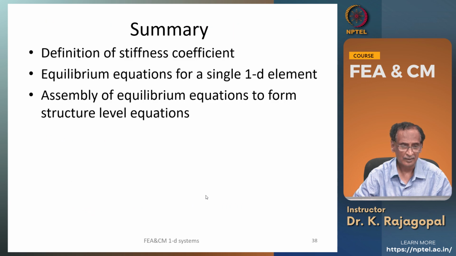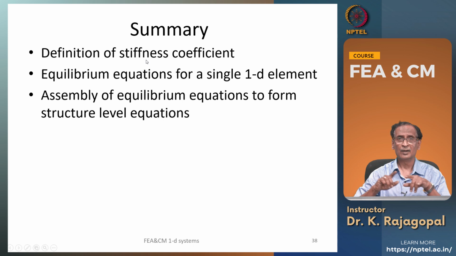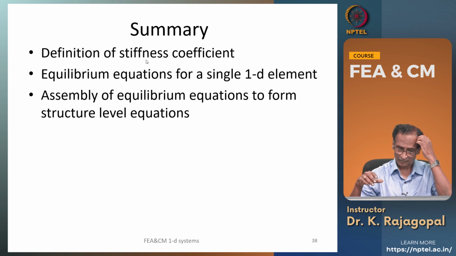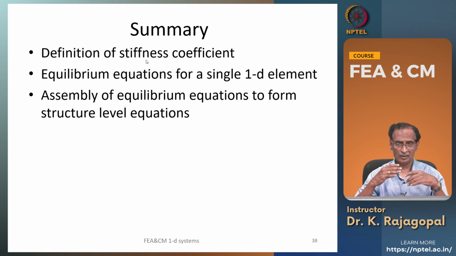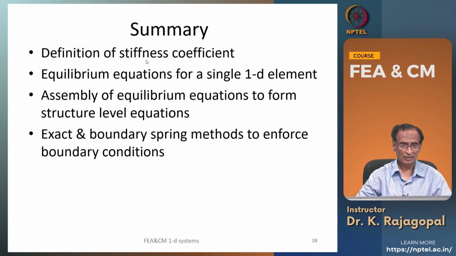Okay. Just to summarize, in this lecture we have defined the stiffness coefficient for a one-dimensional element. Then we formed the equations for a single element, then assembled them for multiple elements, and then we have seen how to apply the boundary constraints either by the exact method or by the boundary spring method. And then, once we apply these boundary constraints, we can solve the equations.